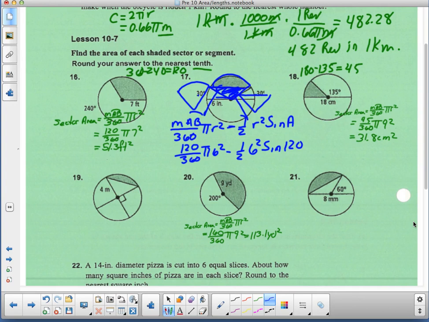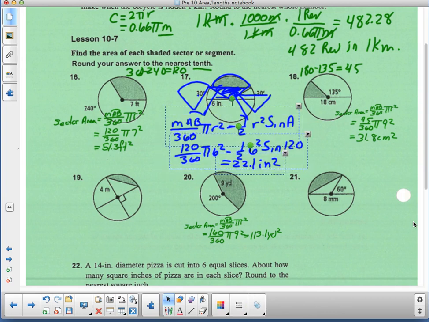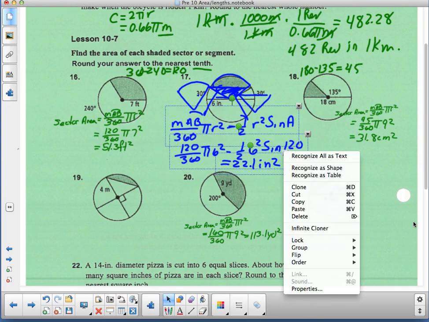Keep that in mind when we're going through this problem. After I pop it in my calculator, my final answer is going to be 22.1 inches squared. If you have questions on popping in your triangle, make sure you ask about them after school today or during work time today.